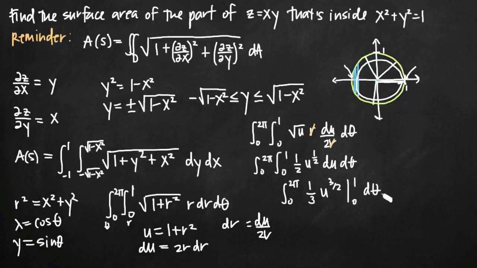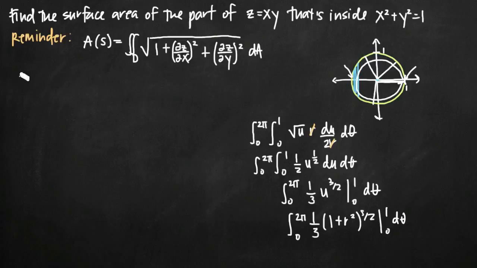So we'll have d theta. We'll back substitute for u. Remember we said u is equal to 1 plus r squared, so 0 to 2 pi of 1/3 times 1 plus r squared raised to the 3/2 power on the interval 0 to 1, and of course d theta.